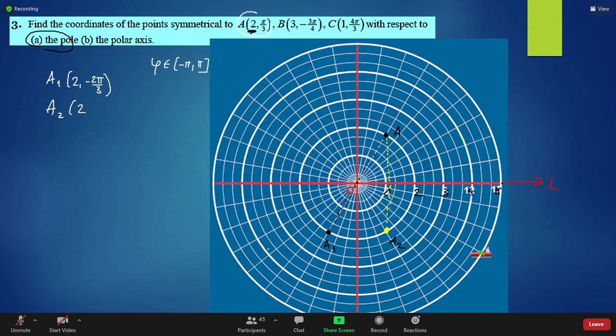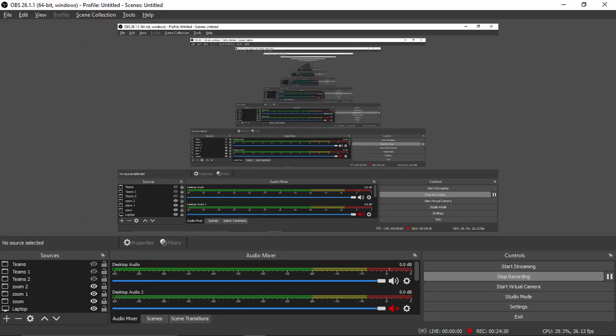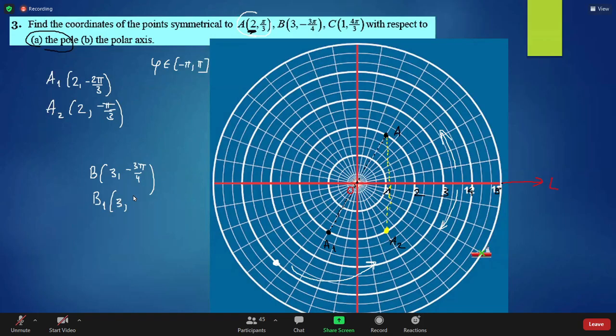So similarly, for the symmetrical points, we don't even have to plot the other points in order to figure out the system. So if the point B has coordinates 3 and minus 3 pi over 4, that would be, well, 3, 1, 2, 3, it would be this point, minus 3 pi over 4, then evidently what pi will make it simply pi over 4.